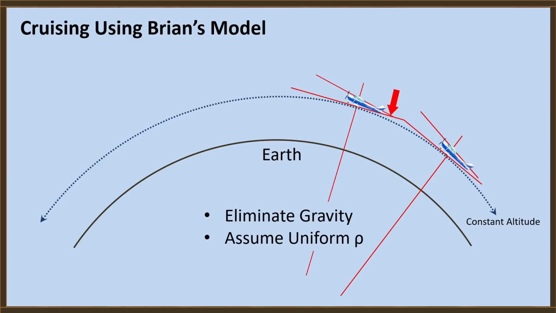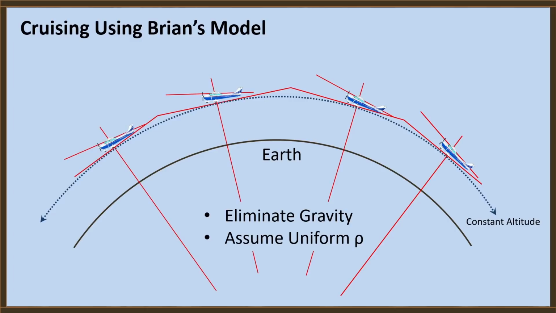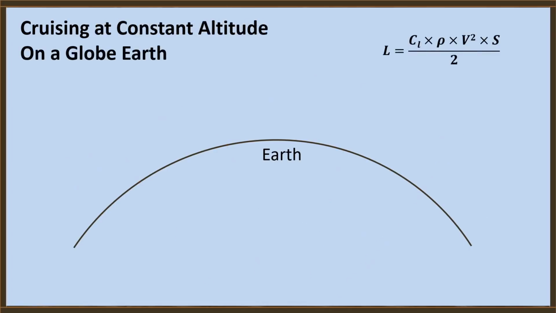Now the airplane's flying along that straight line, and it will do that until it comes to that point. And the pilot once again initiates a descent, like that. And you just do that and stair-step yourself right around the curve. I suppose it would work, but obviously that's not what happens. In reality, we do have gravity, and in reality, the atmosphere has a pressure gradient.